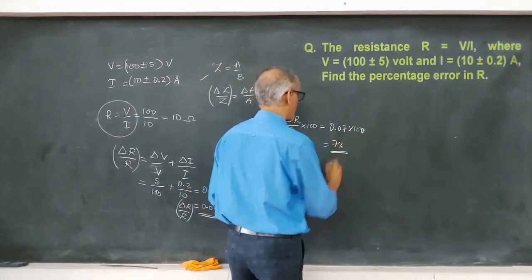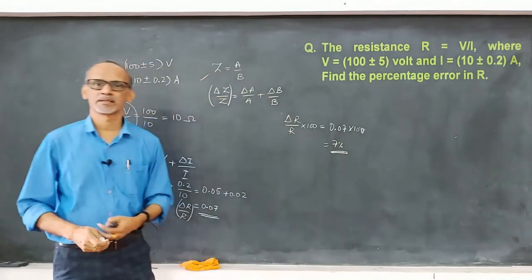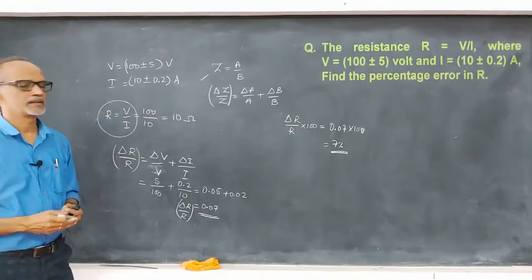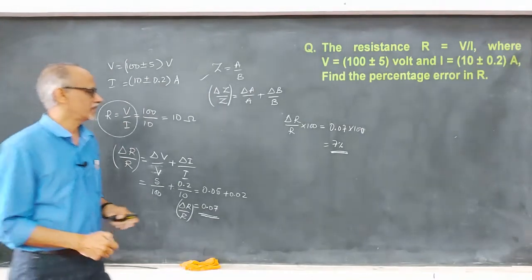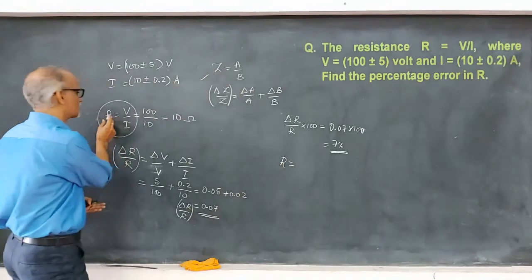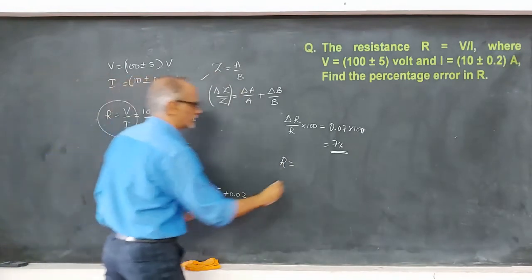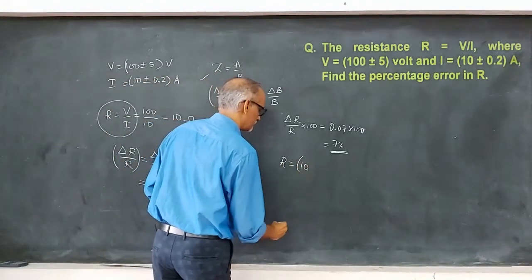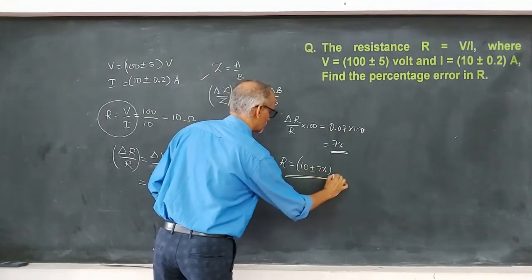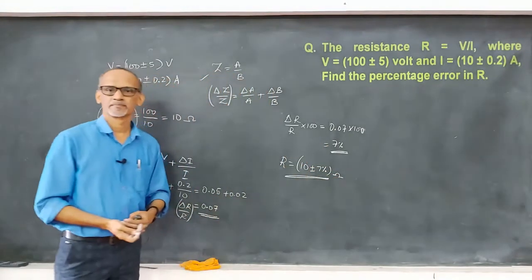So what is the percentage error? It's 7% is the percentage error in the measurement of resistance. So when you write the value of the resistance, how much have we measured R? R is equal to 10 ohm. We can write it like this: 10 plus or minus 7%. So this is the value of the resistance.